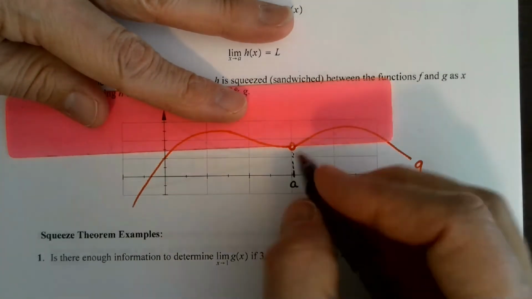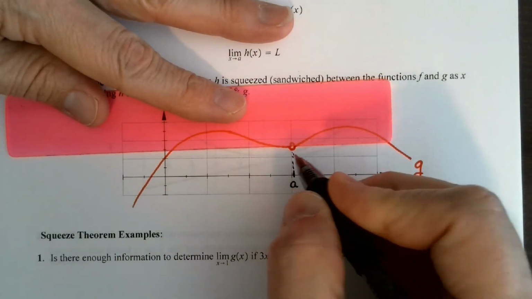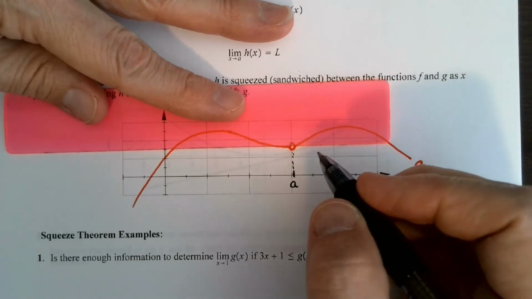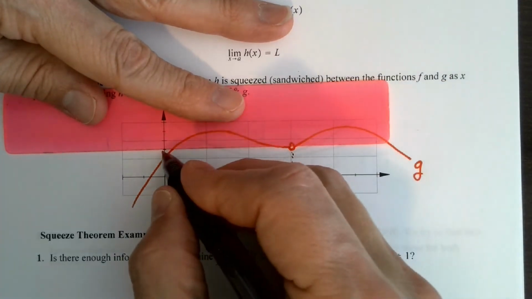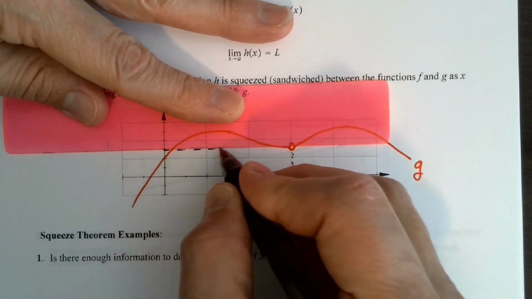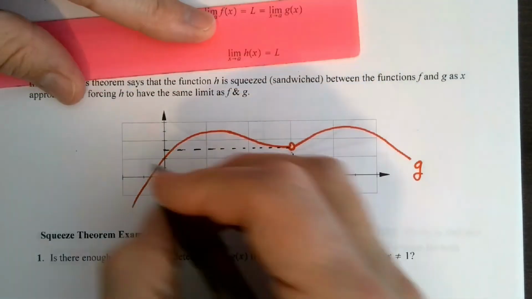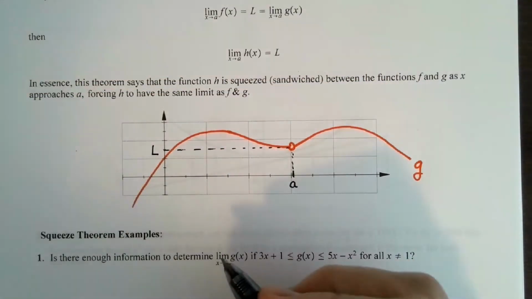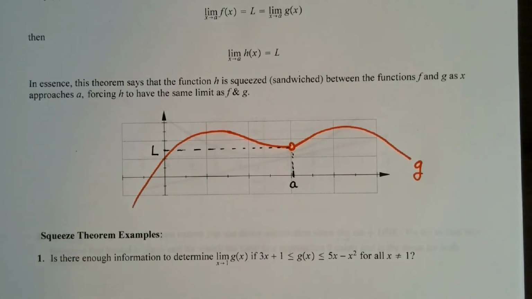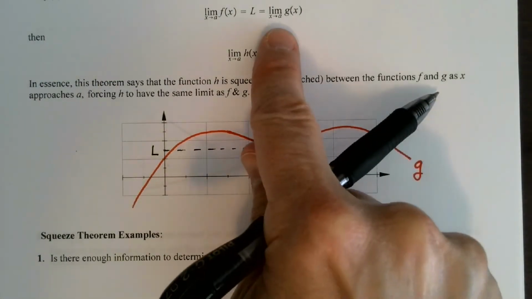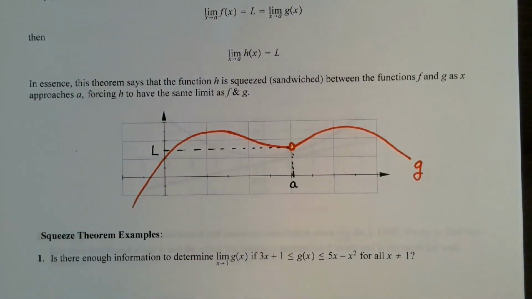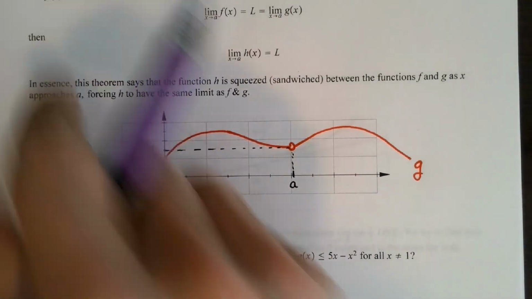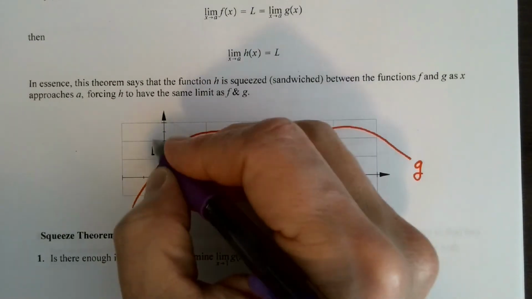So again, I don't know what's happening right at a for g. I have an open circle there. There may be a point there. It doesn't really matter. I'm going to keep it as an open circle there, but just for reference, we'll come over here. If that limit indeed is L, this is what the graph would look like, if the limit as x approaches a of g of x is L. And then let's draw the graph of the function f of x, and maybe it looks something like this.